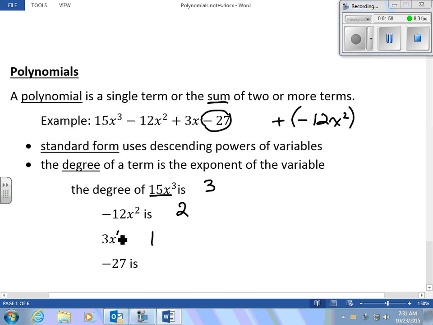And a constant term, so long as it isn't the number 0, has a degree of 0, because you could think of that as negative 27 times x to the power of 0, which, if you remember your exponent rules, x to the power of 0 is 1, so negative 27 times 1 keeps the value the same, so you can think of the degree as 0. Just the number 0 does not have a degree.